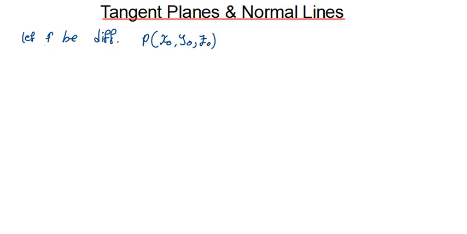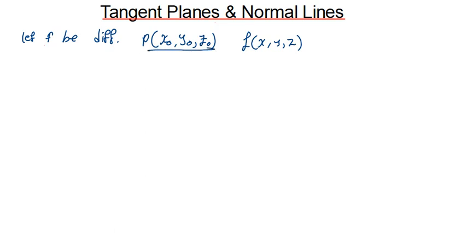Okay, so the function that you have has to be differentiable at that point, which is on the surface. We have to keep in mind that that point is on the surface given by the equation f of x, y, z equals 0. So we let f be differentiable at that point which is on the surface.